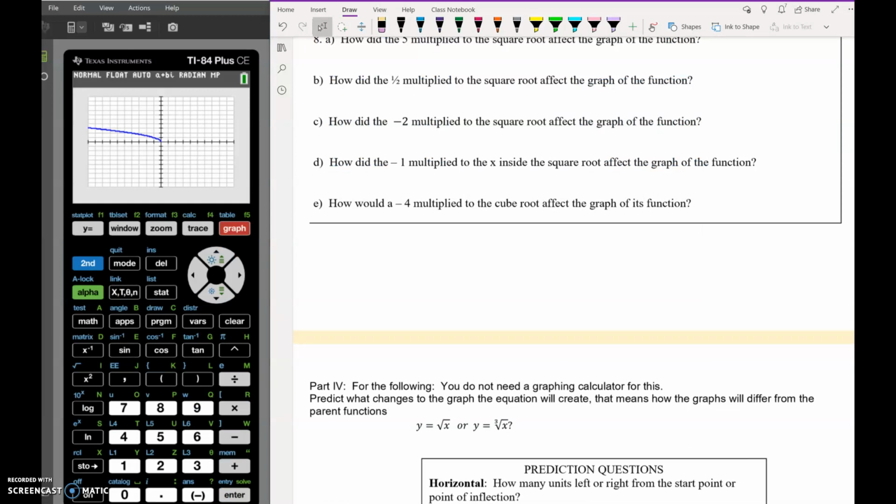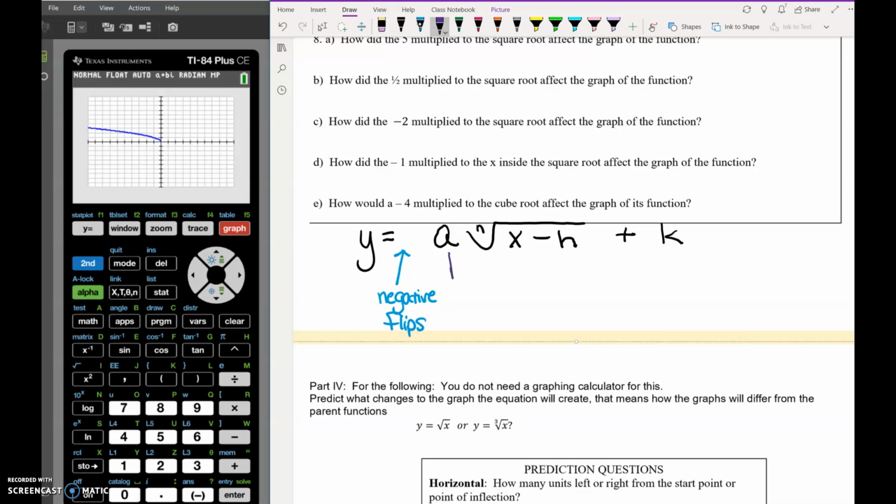Down here at the bottom of the page, write y equals, leave yourself a space, a times the nth root of x minus h. That minus h is under the radical. And then not under the radical, plus k. If there is a negative here, I'm going to write that a negative flips the graph. The a value stretches or shrinks.